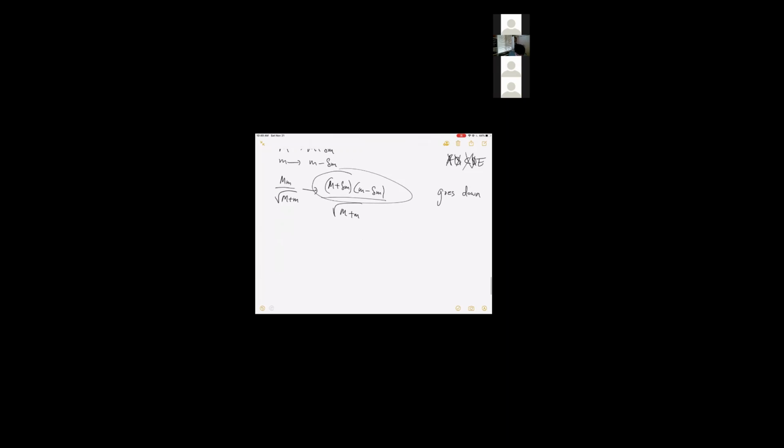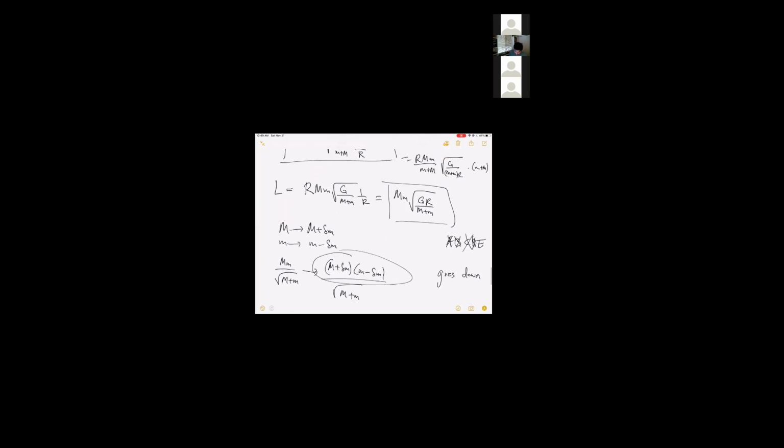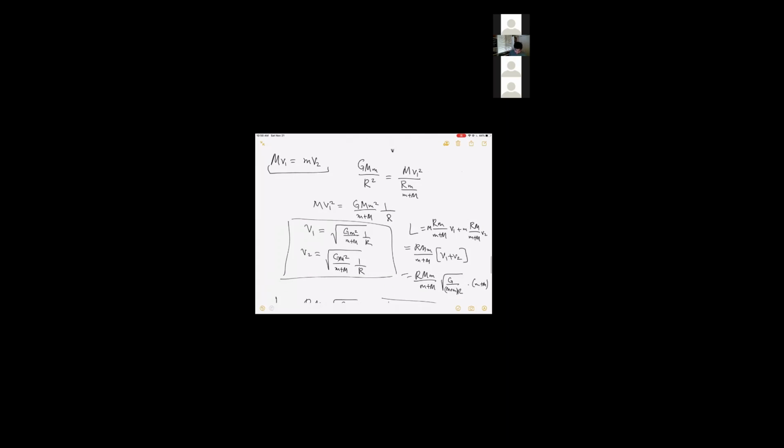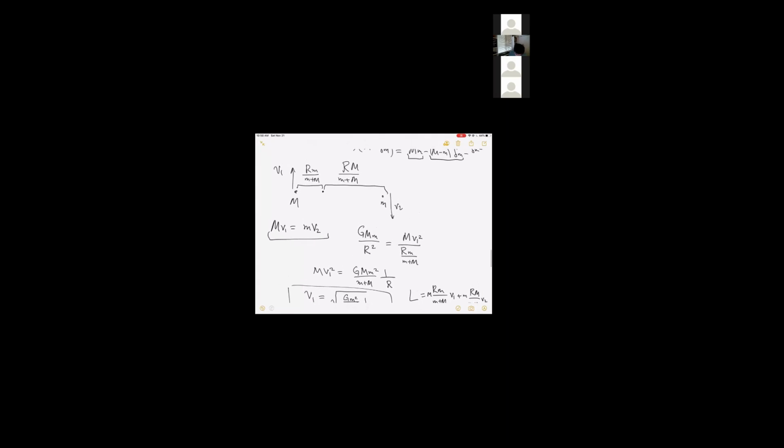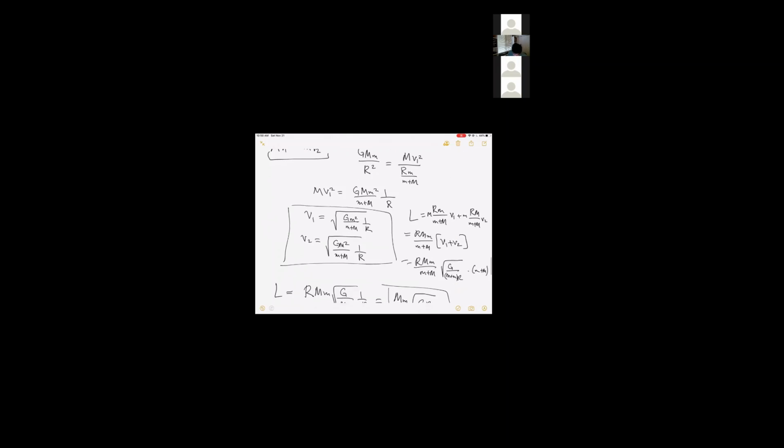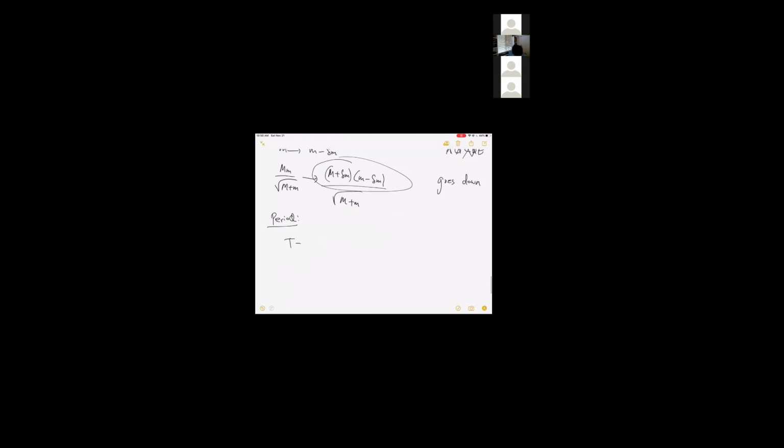All right, so finally, we have to find the period. Obviously we already know the answer is E, but I'm just going to calculate it to show you how you calculate the period. We already have the formulas for V1 and V2, so the period is just 2 pi R over V1. Let me do that calculation over here.